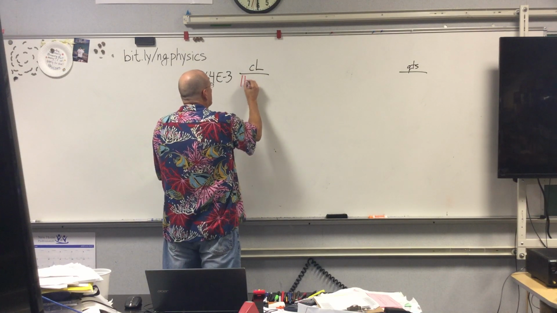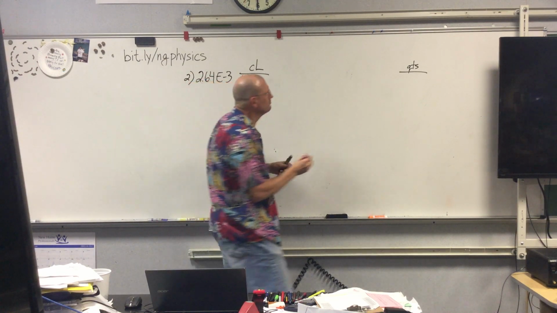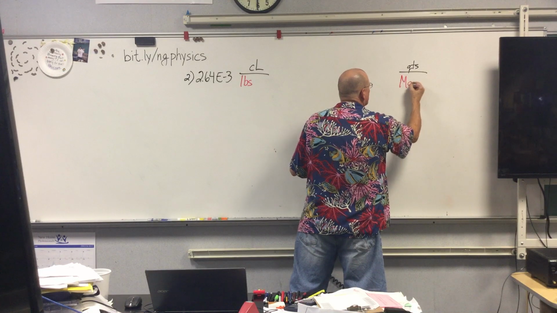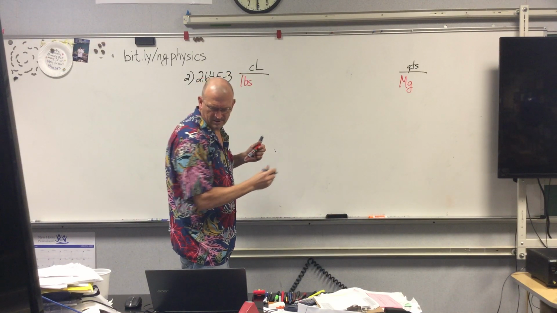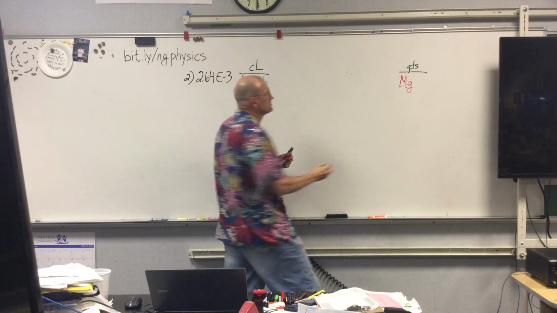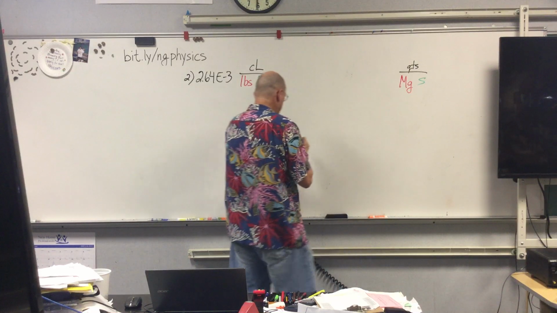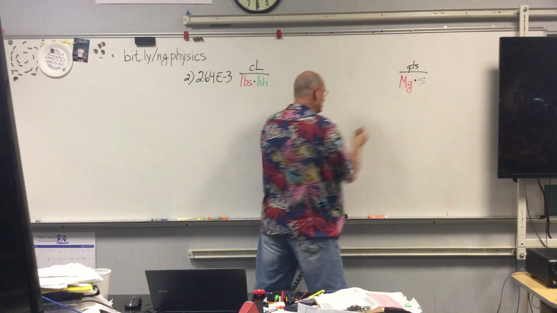We got pounds, and what are we going to? Megagrams. And then we have hecto-hours to seconds. You're going to have to bear with me because I'm going to be changing colors quite often here.